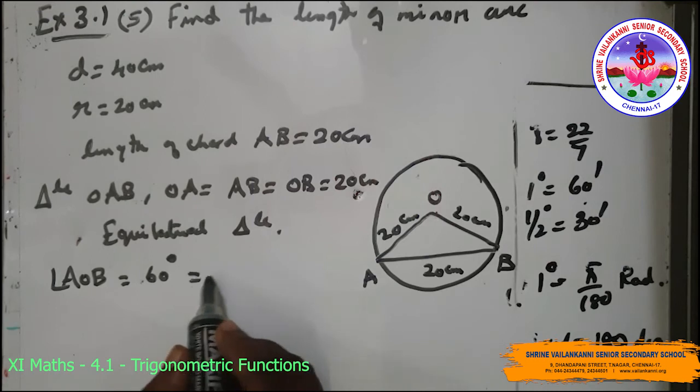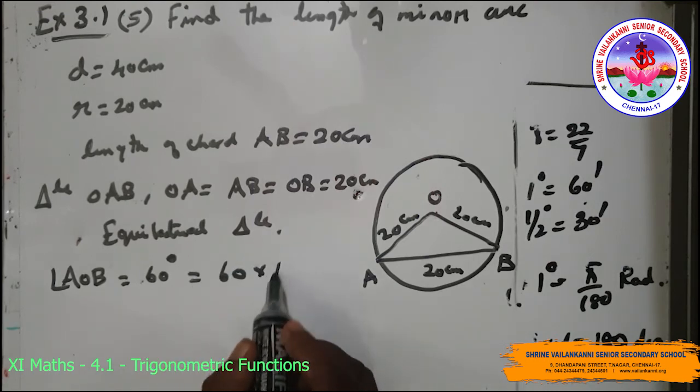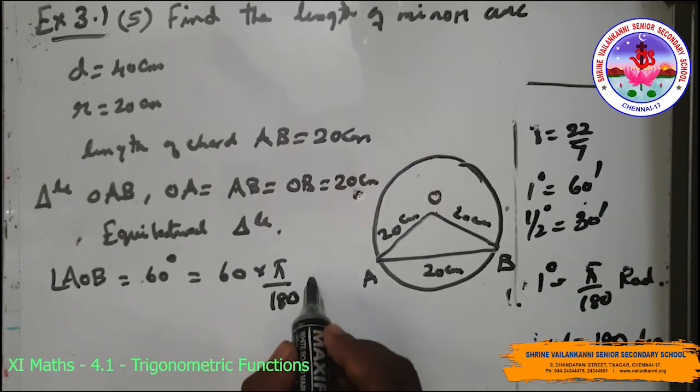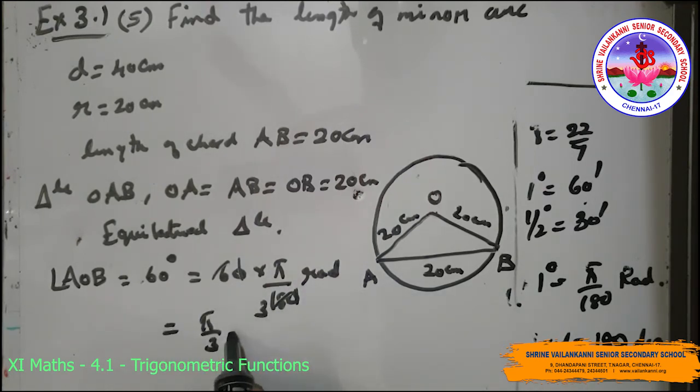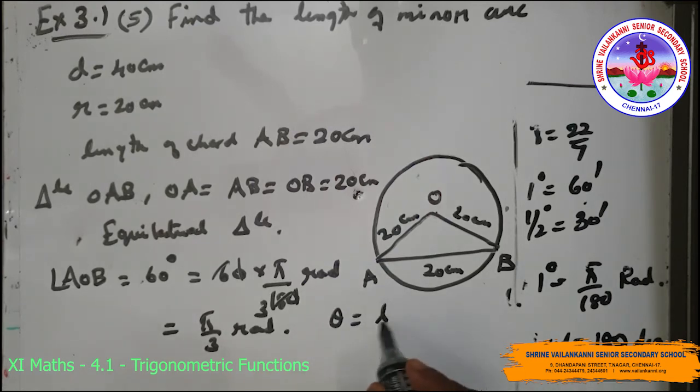So which is equal to 60 into pi by 180. We have to convert this into radians. 6 into 3, which is equal to pi by 3 radians. And we have to use the relation theta equal to L by R. So we have to find the length of the minor arc.